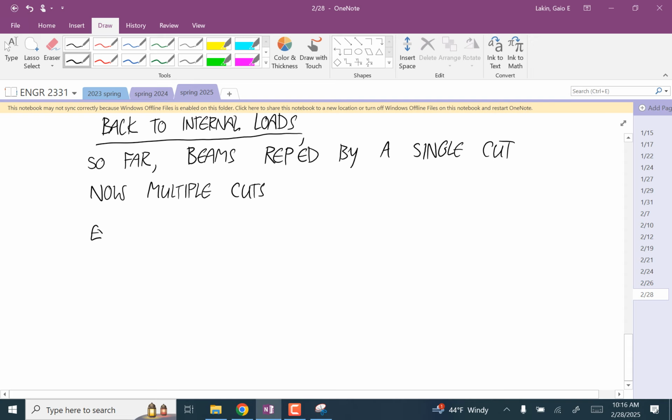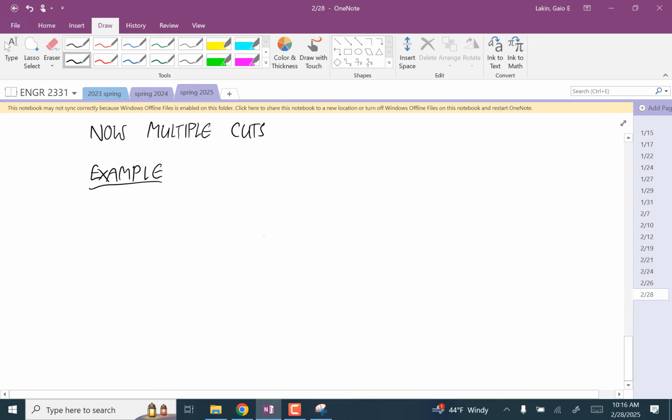So my example problem is we have this beam that's connected to the ground by a pin joint on the right end. And then we have a roller at the middle.